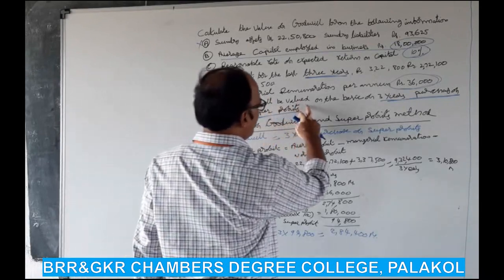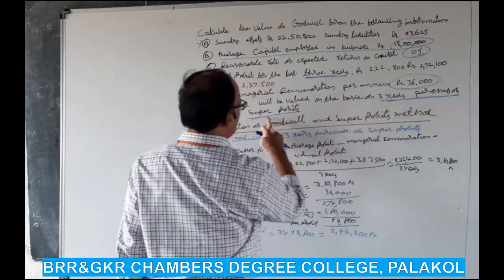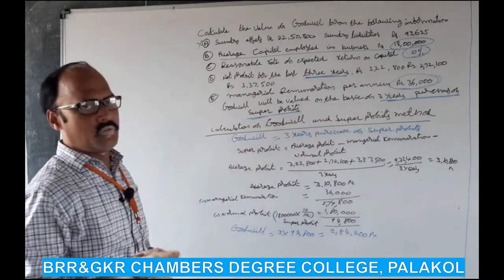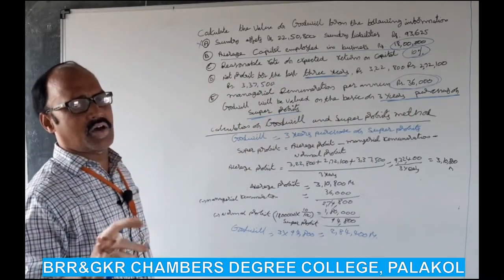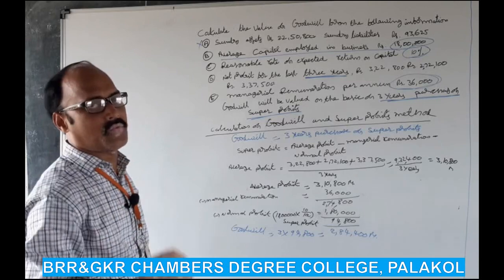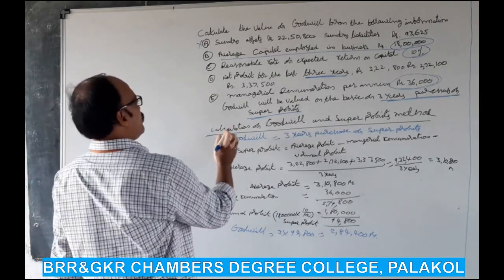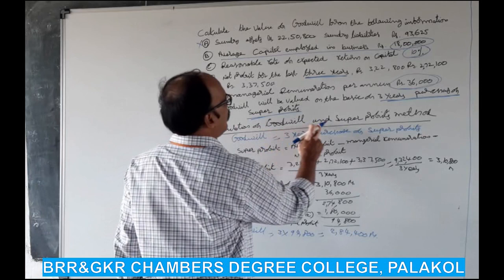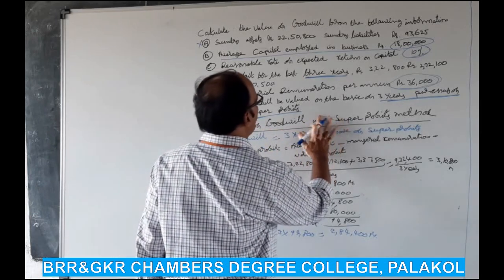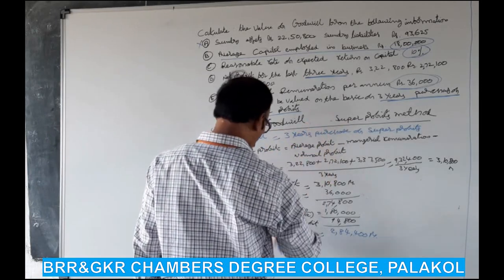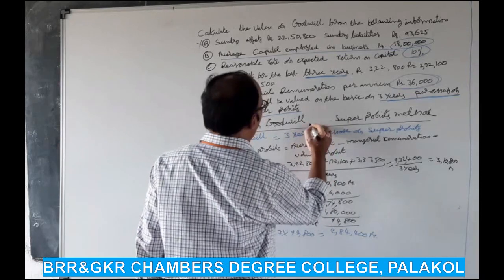Goodwill will be calculated on the basis of 3 years purchases of super profits, under the super profits method.